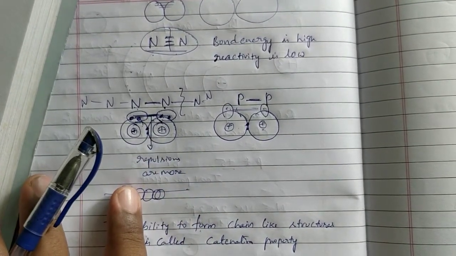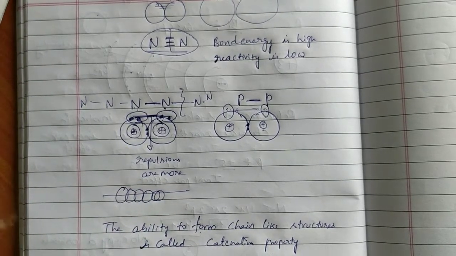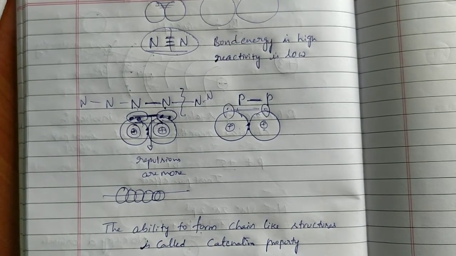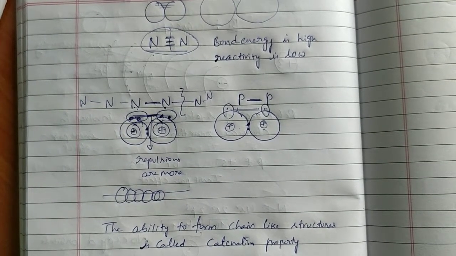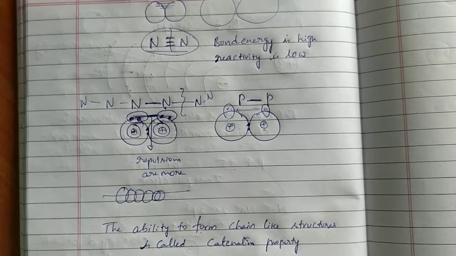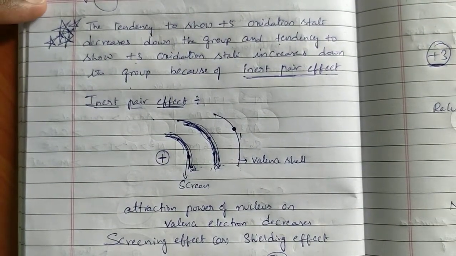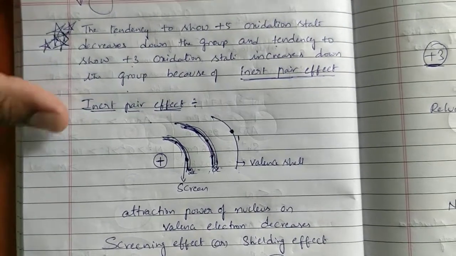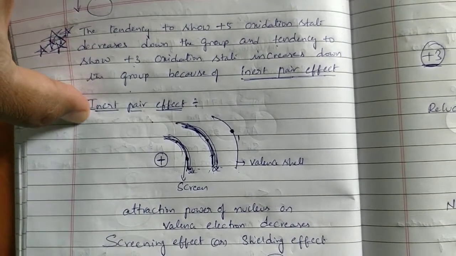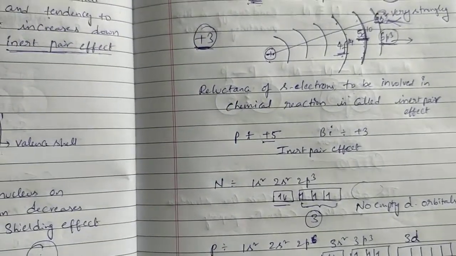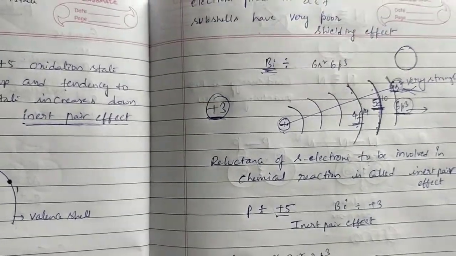In the next class we will see the reactivity of these elements with hydrogen and other elements. I think this is clear for you in today's class. Till now we have seen the trends in physical and chemical properties in 15th group elements. General characteristics, general chemical properties, and anomalous properties of nitrogen we have seen.